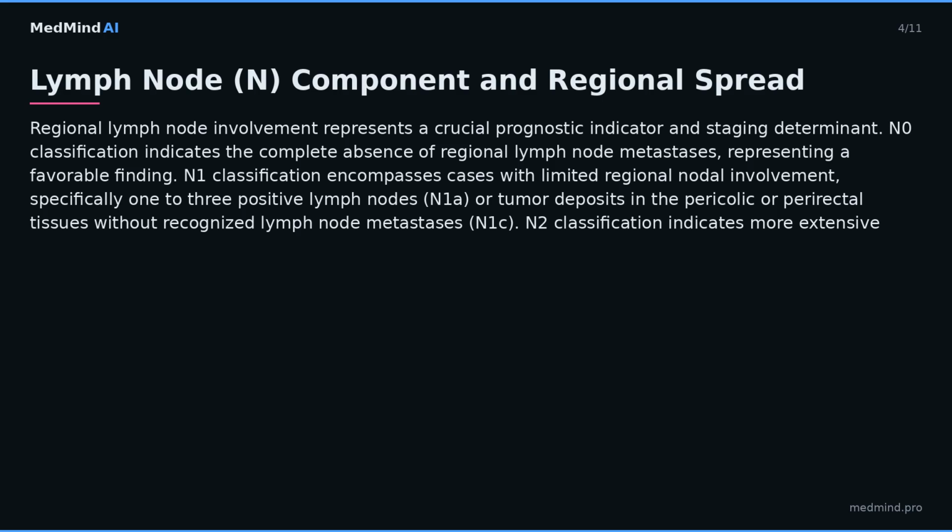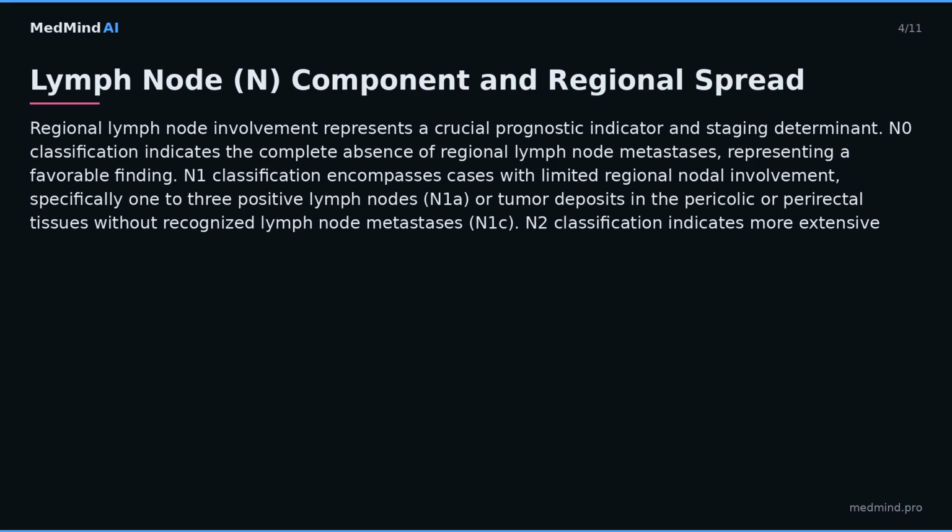N1 classification encompasses cases with limited regional nodal involvement, specifically 1 to 3 positive lymph nodes, N1A, or tumor deposits in the pericolic or perirectal tissues without recognized lymph node metastases, N1C. N2 classification indicates more extensive regional spread, with 4 or more positive lymph nodes, N2A, or 7 or more positive nodes, N2B.